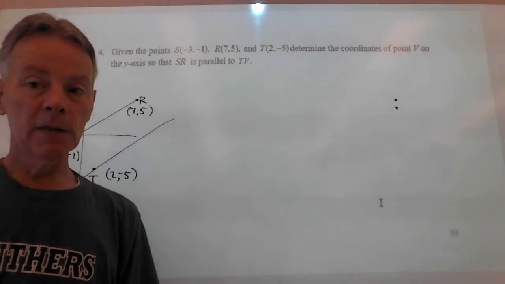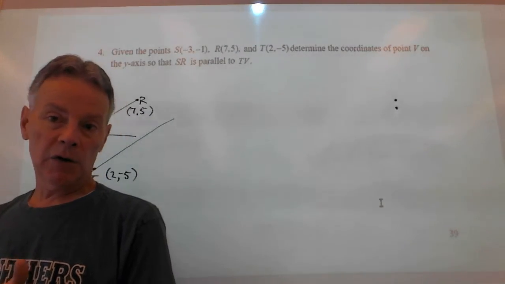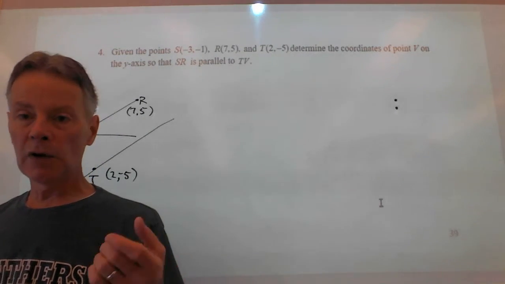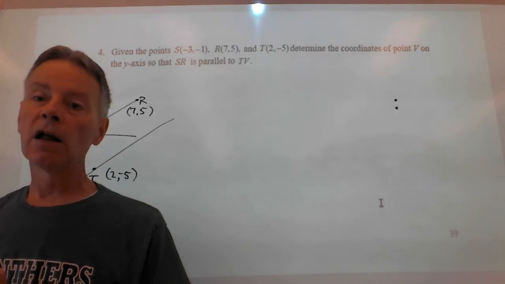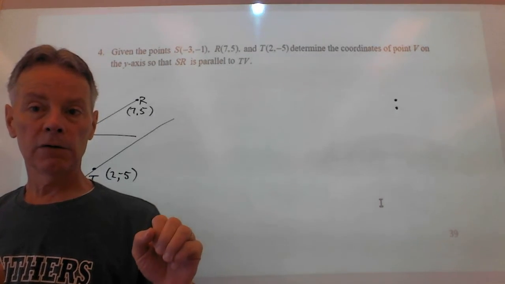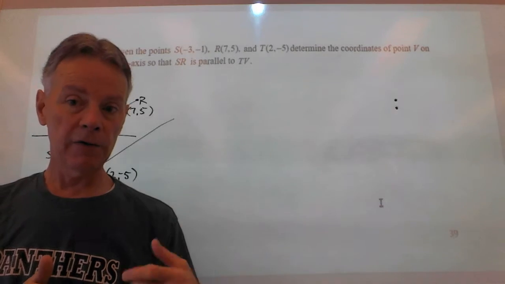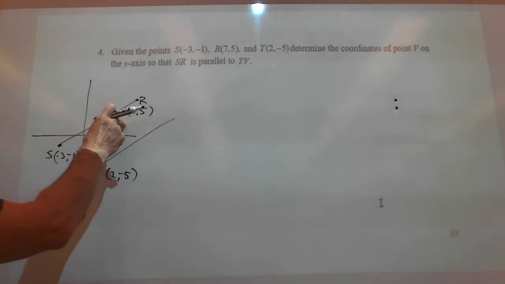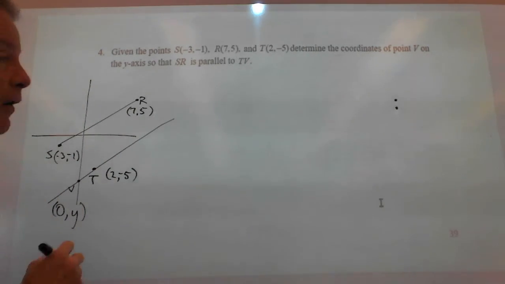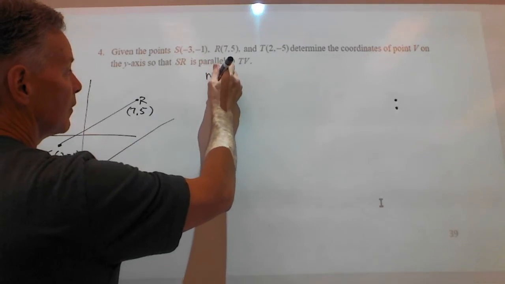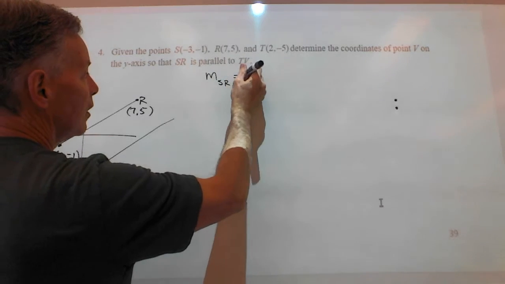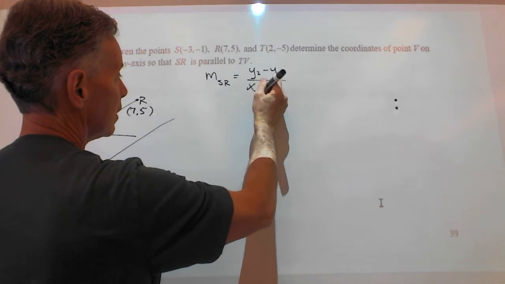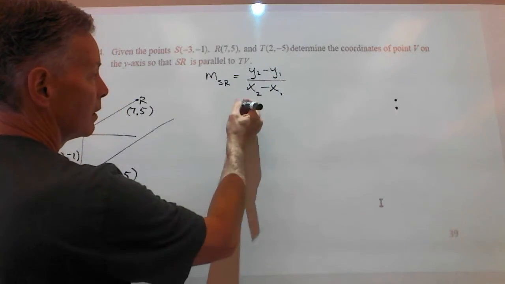Now, remember what we said about the slopes of parallel lines. We said if you know the slope of one line, you can find the slope of the other line. If it's parallel, they're the same. So, for SR, we can find the slope. That's your first step. Find the slope of SR. Remember, that's going to be equal to y2 minus y1 over x2 minus x1.